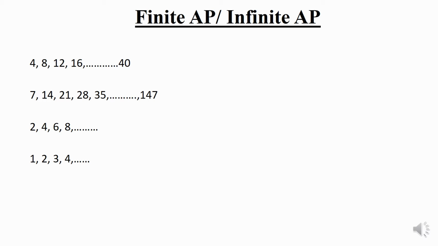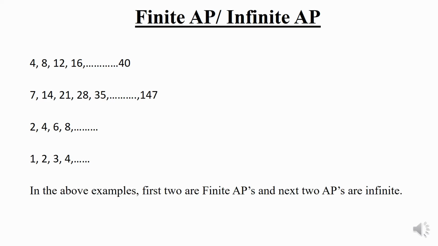So from these examples we can say that the first two are finite because the last number is known, and the last two are infinite as the last number is not known. Then the first two APs are said to be the finite APs, and the next two APs are said to be the infinite APs.